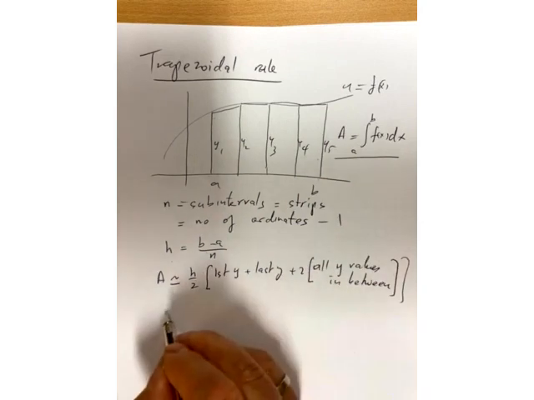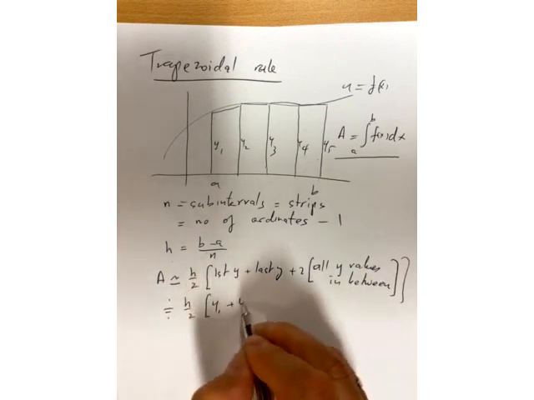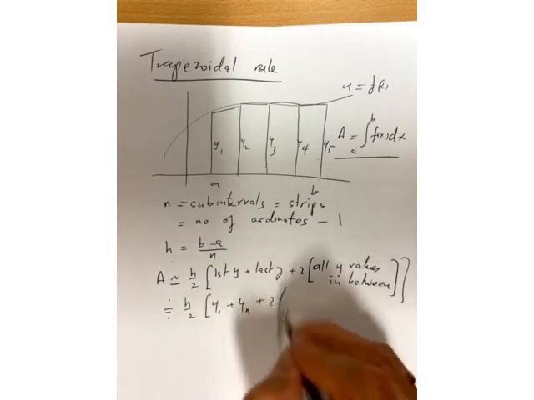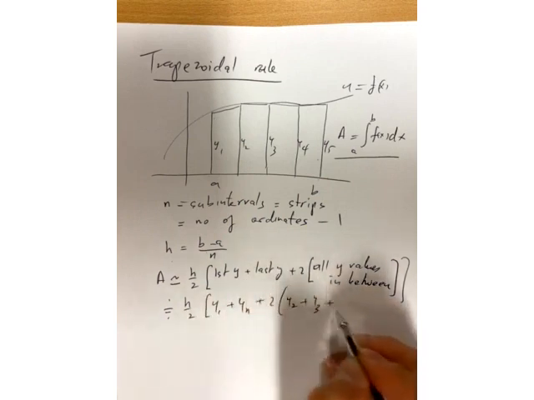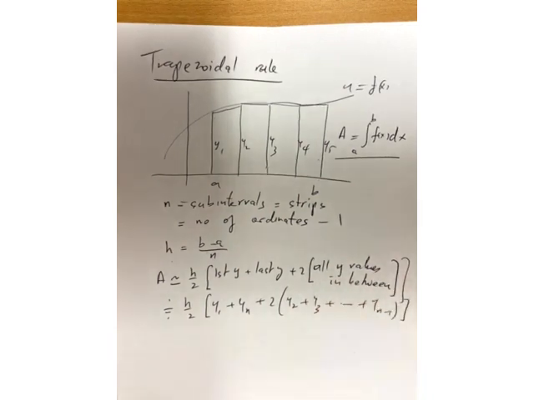That's the formula: h on 2 times y1 plus yn plus twice y2 plus y3 plus up to yn minus 1. Now, a lot of textbooks use y0 to yn. I don't like y0. Why start the first one with y0? I start with y1. That's the only difference.